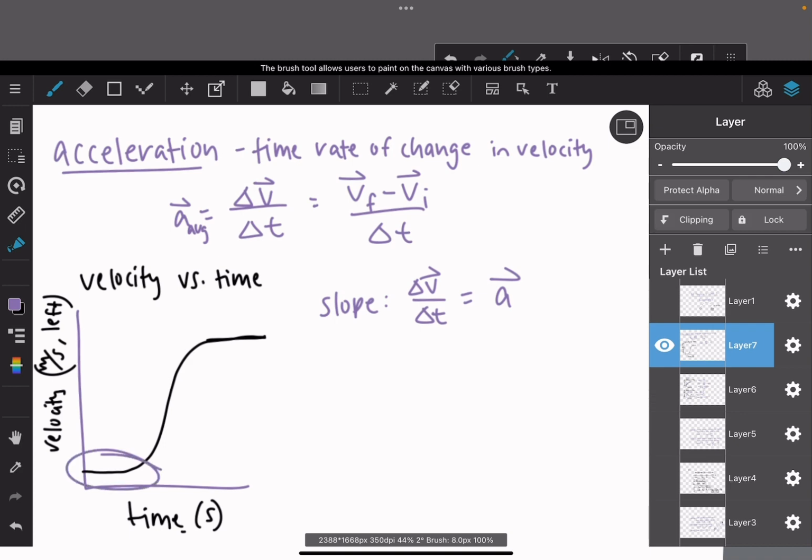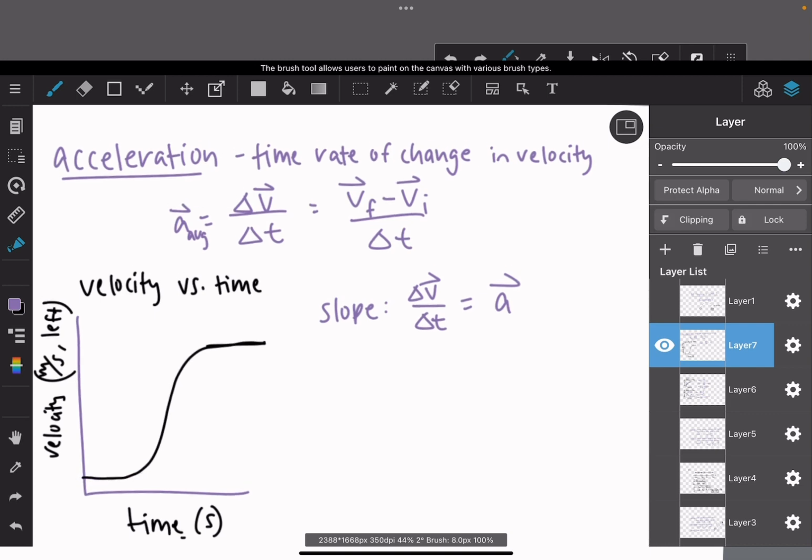Let's kind of dissect this graph a little bit. Okay, so what's going on in this interval? Well, if I draw a tangent line over it, I see that it's actually covering that entire interval, and that the slope is 0. So what does that mean? Does it mean that the object is not moving? Well, no. Let's look at the y-axis again. The y-axis is velocity.